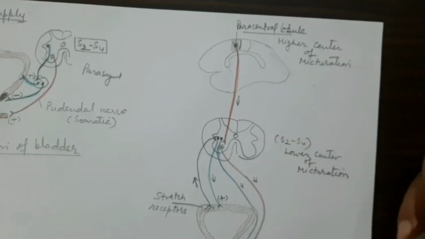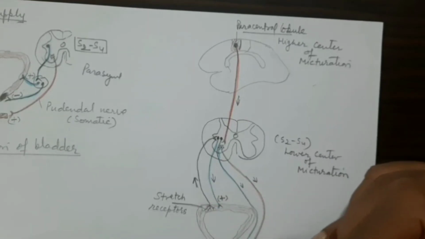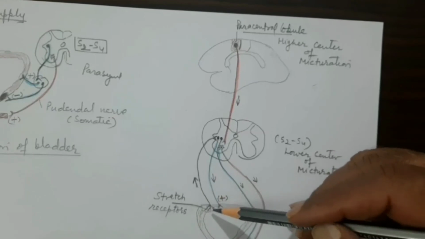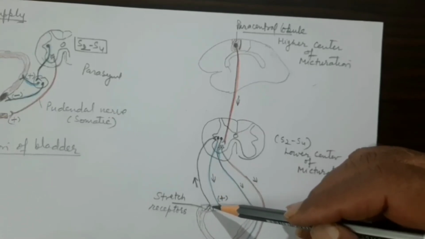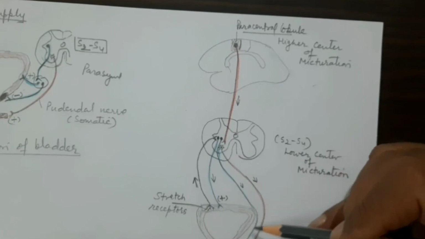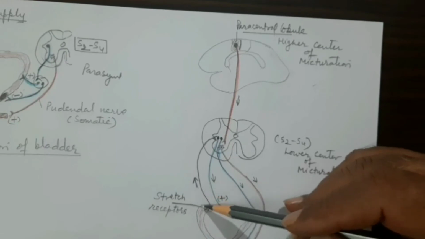Now, the mechanism of micturition begins when the bladder is full, around 300 milliliters. The person feels a little pain and desire to micturate because of the stretch receptors present in the wall of the urinary bladder. This stimulates the stretch receptor sensation.